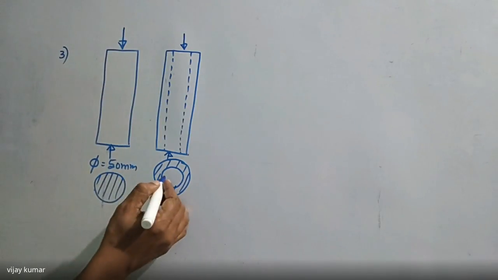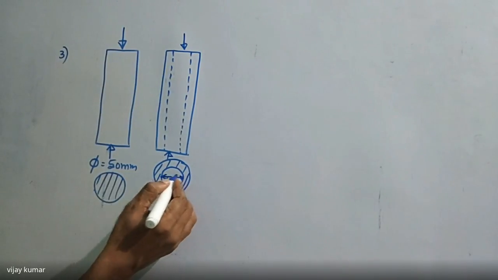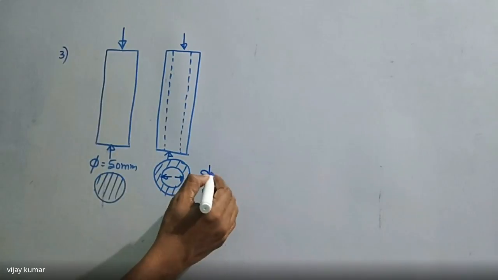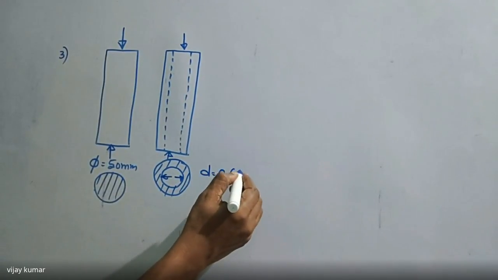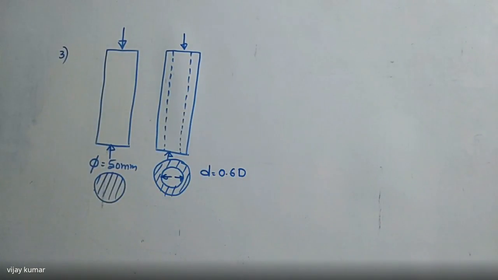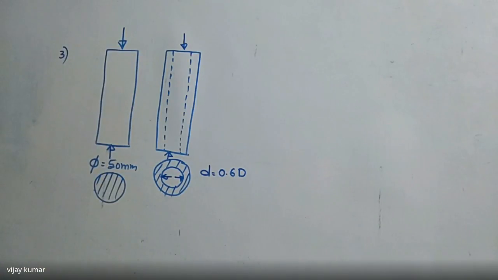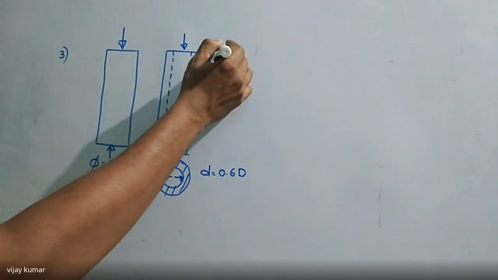So the internal diameter small d is always equal to 0.6 times of capital D. That is the given data. He is asking to find the size of the hollow section.